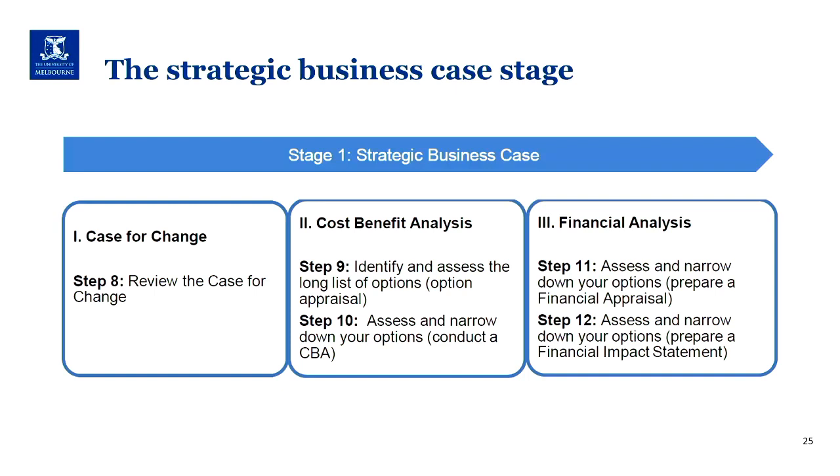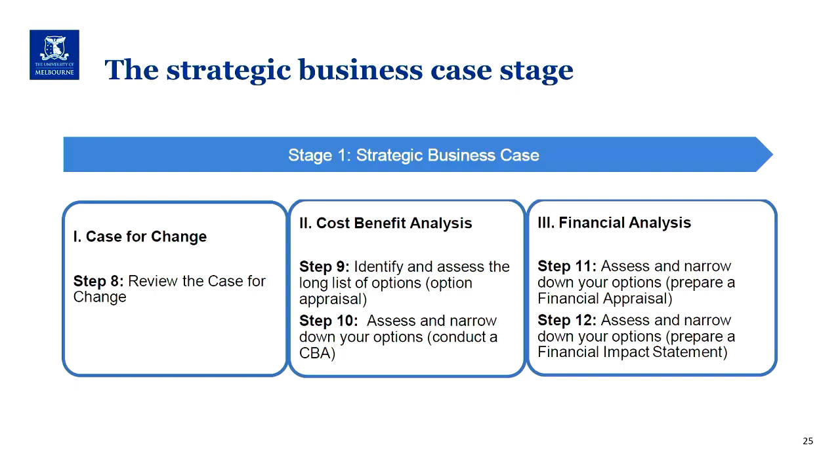So here we have step 8, the review of the case for change. If all the problems, the benefits, and the potential solutions were identified correctly, you have a look at those, you confirm that they were okay, and then you go to the next step.